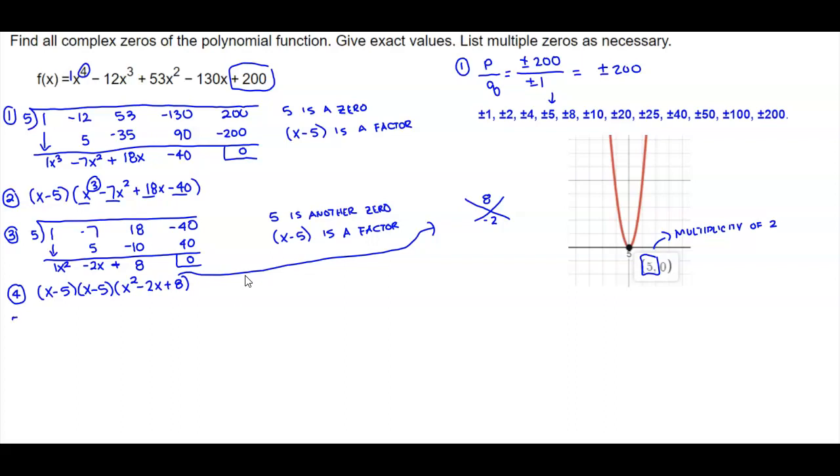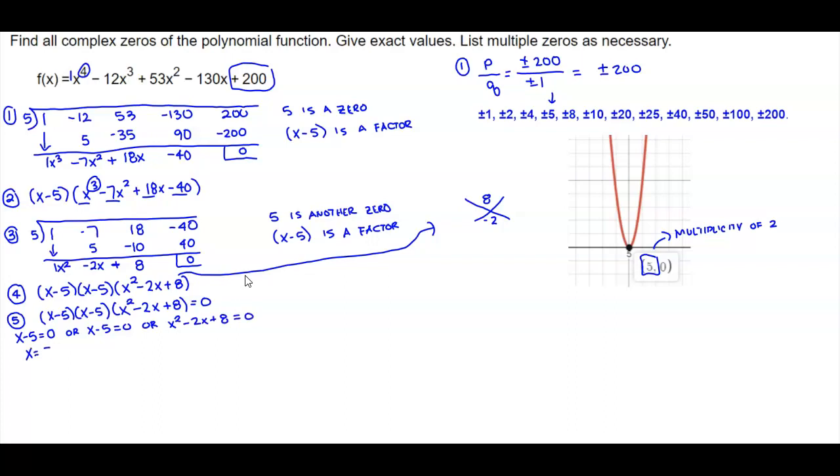Now we're going to set this up using the zero product rule. We have x minus 5 times x minus 5 times x squared minus 2x plus 8, and we set that equal to 0. So x minus 5 equals 0, or x minus 5 equals 0, or x squared minus 2x plus 8 equals 0.